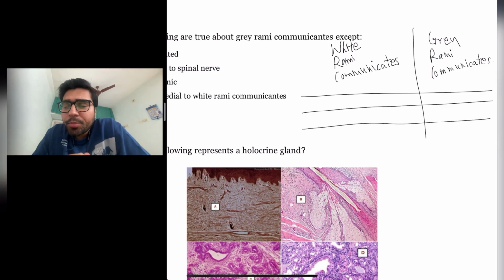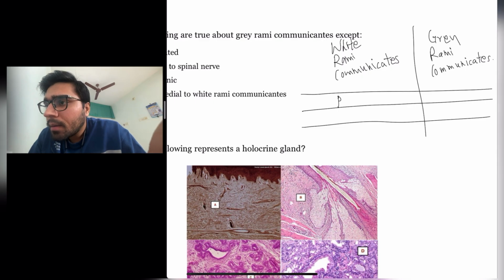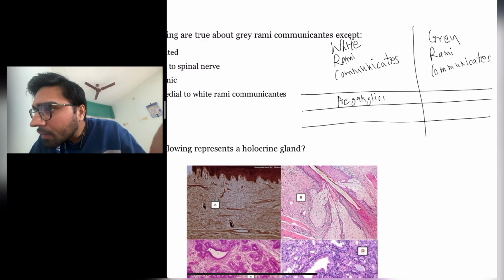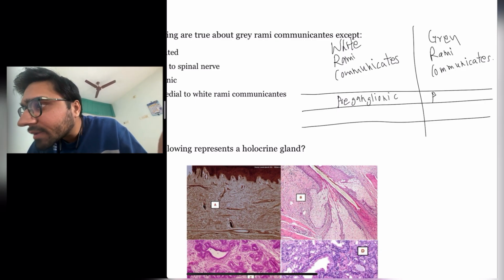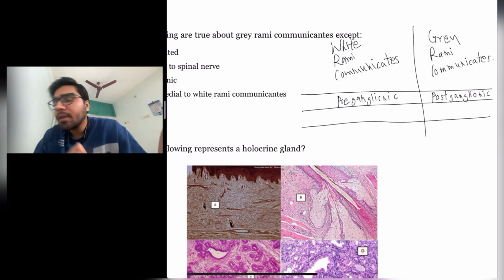The white rami communicantes are preganglionic, while the gray rami communicantes are postganglionic.